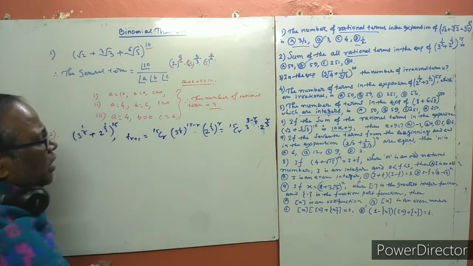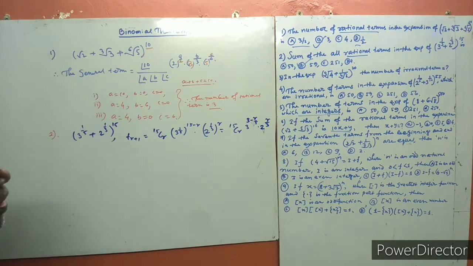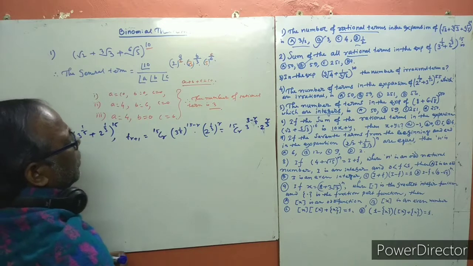So we have taken the LCM of 5 and 3, this is 15.